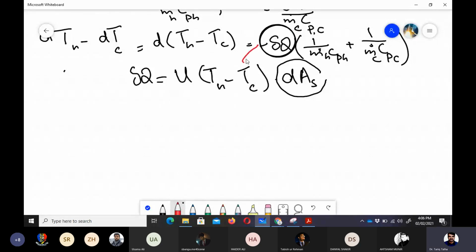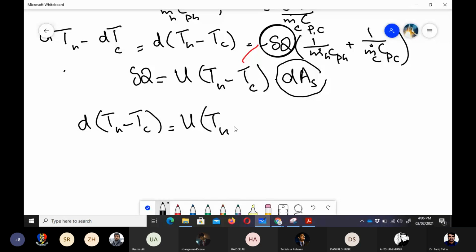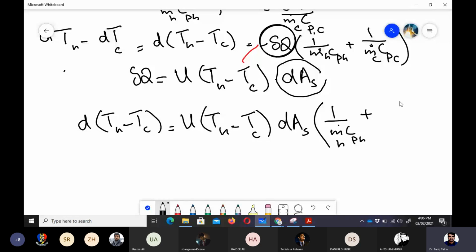So now we can replace delta Q with this relation. If we do that, we can write d(Th minus Tc) is equal to minus U into (Th minus Tc) into dAs into (1 upon m dot h Cp h plus 1 upon m dot c Cp c).